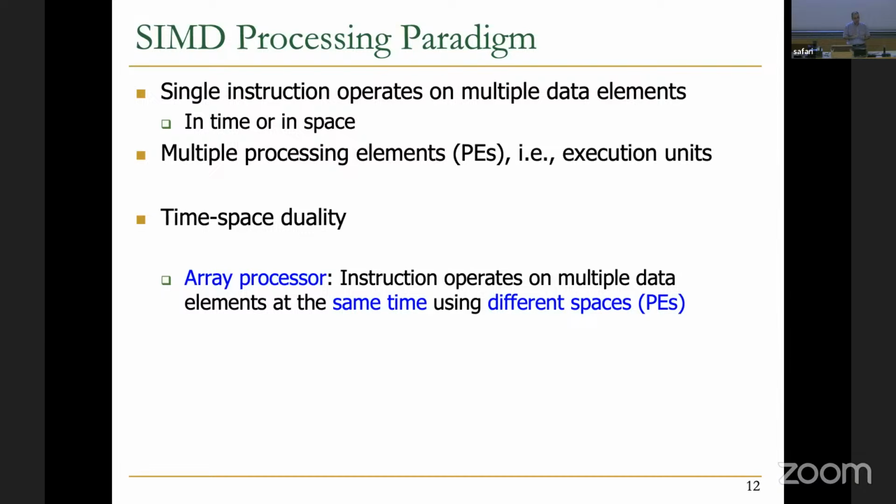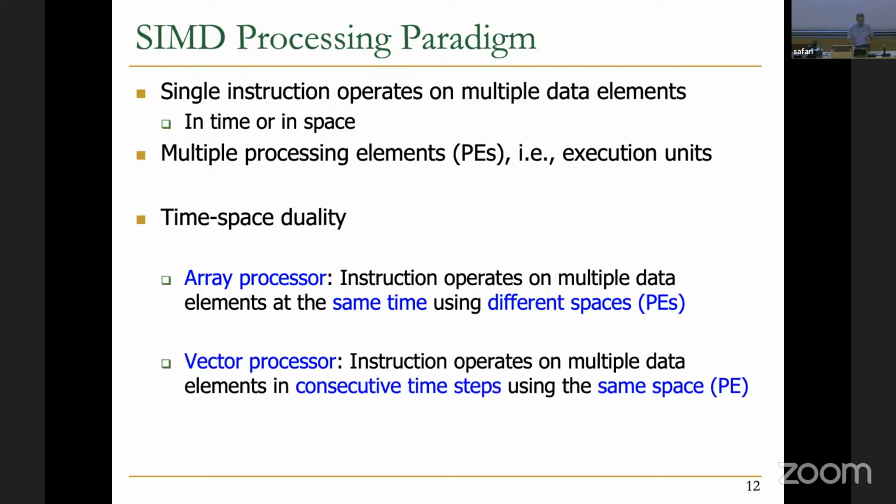Array processors are quite fast and provide very good parallelism, but they are costly because you need to copy many processing elements. And each processing element should provide all the operations that you need: addition, multiplication, load, store, any operations you can think of.